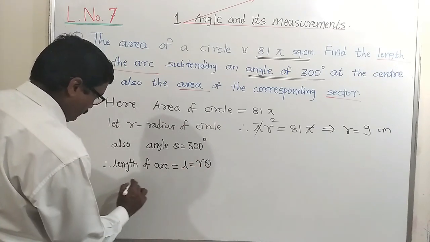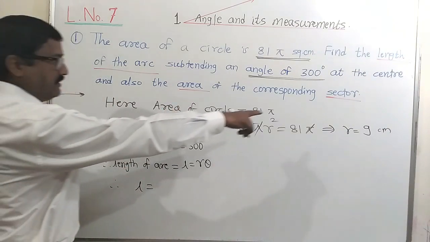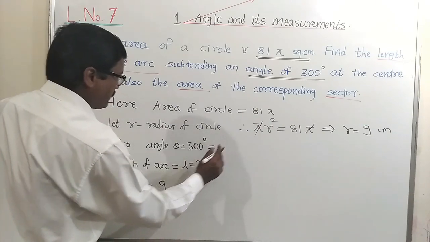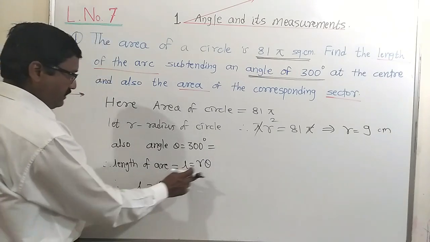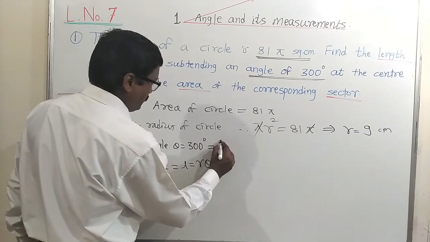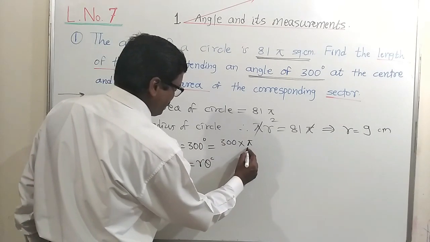So L equals r, we found r as 9, and theta is given as 300 degree. Convert this 300 degree into radians, because this is the formula for the length of arc when theta is in radian. To convert this, we will multiply it by pi by 180.